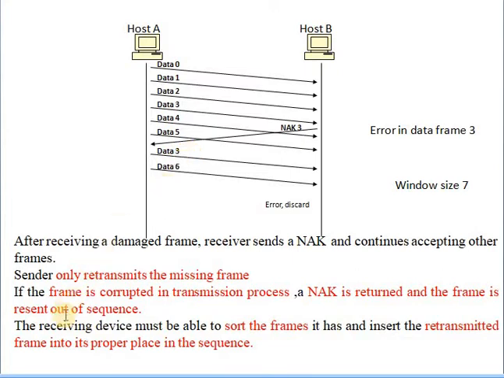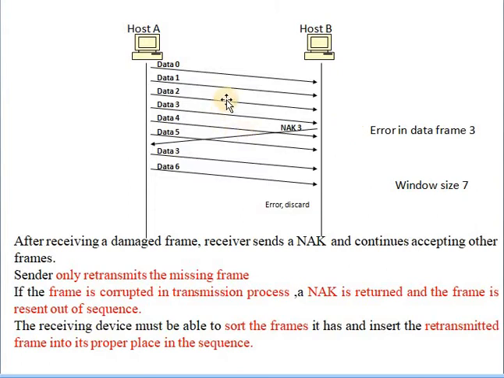In selective repeat protocol, the receiving device must be able to sort the frames. After receiving all the frames, it sorts them and inserts the retransmitted frame into its proper place in the sequence, meaning 0, 1, 2, 3, 4, 5, then 6. The retransmitted frames are arranged in proper sequence at the receiver side.